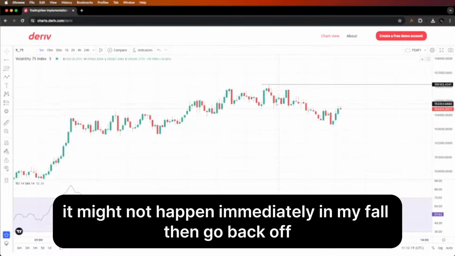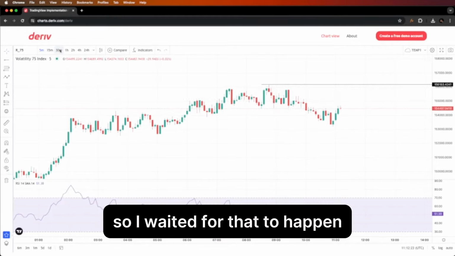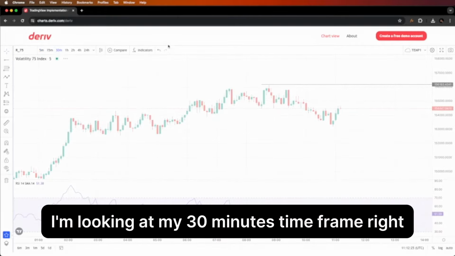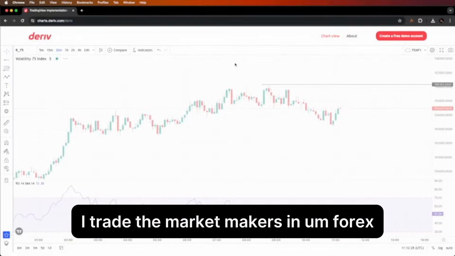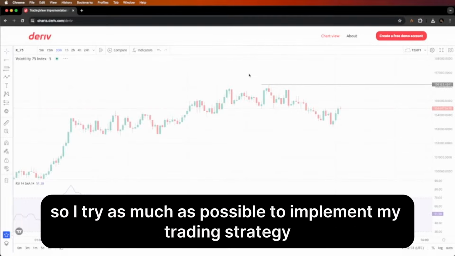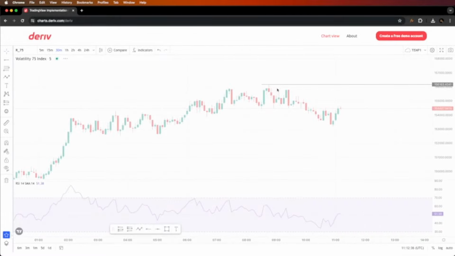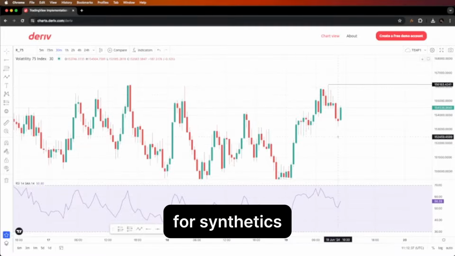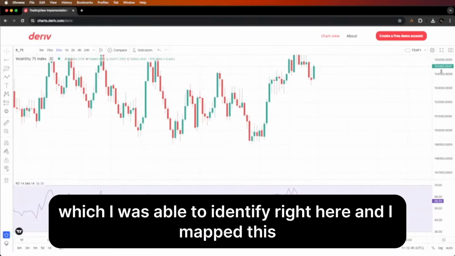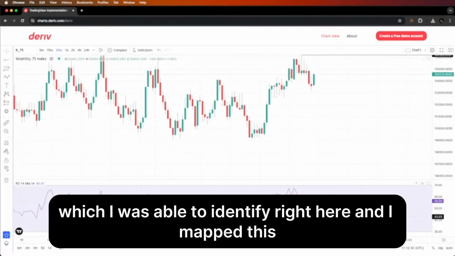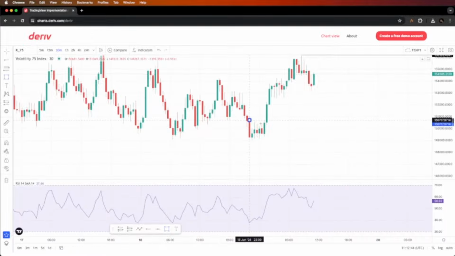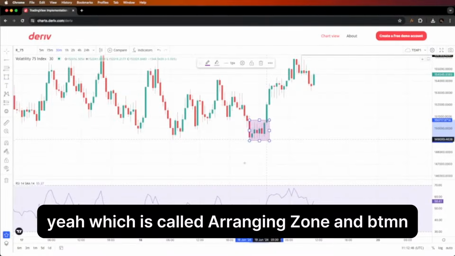It might not happen immediately, it might fall then go back up. So I waited for that to happen, and looking at my 30 minute time frame, I try to beat the market makers in forex. So I try as much as possible to implement my forex trading strategy for synthetics, which I was able to identify right here. I mapped this here, which is called the ranging zone in BTMM.